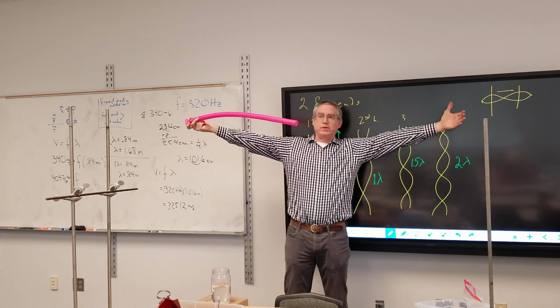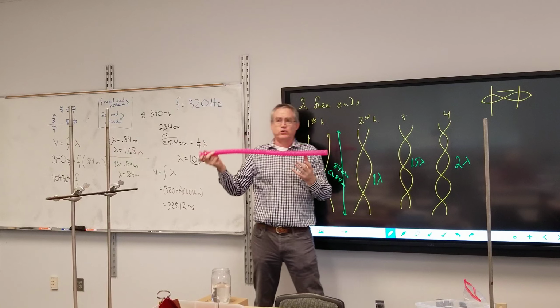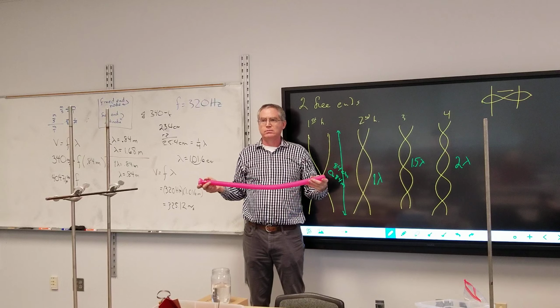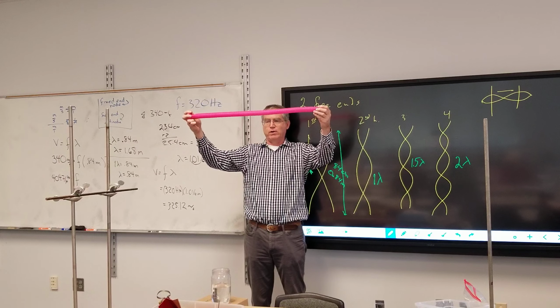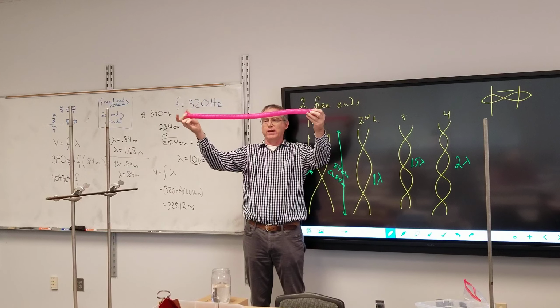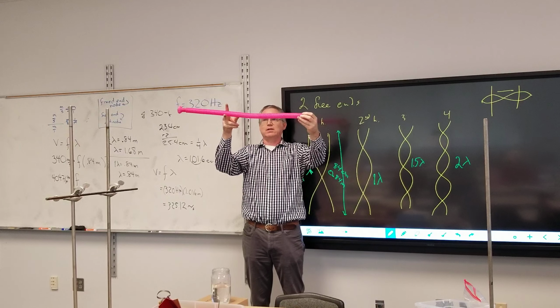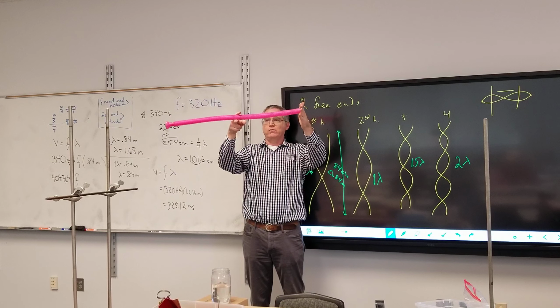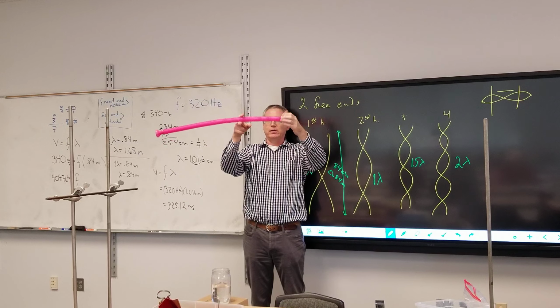So the full wave would have to be twice as long. As we go to the increased harmonics, the wavelength gets smaller. So for the second harmonic, that's roughly the wavelength. For the third harmonic, that's gonna be somewhere around there. That's the wavelength. And then fourth harmonic, fifth harmonic.